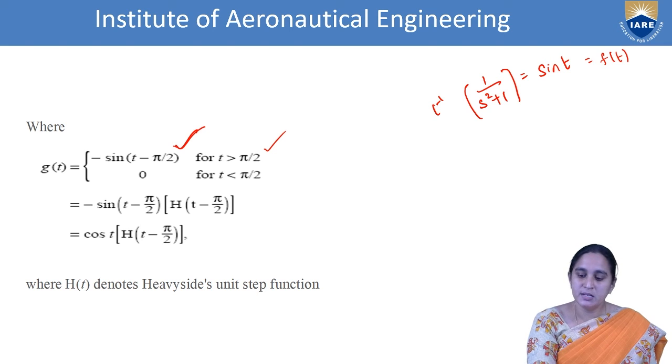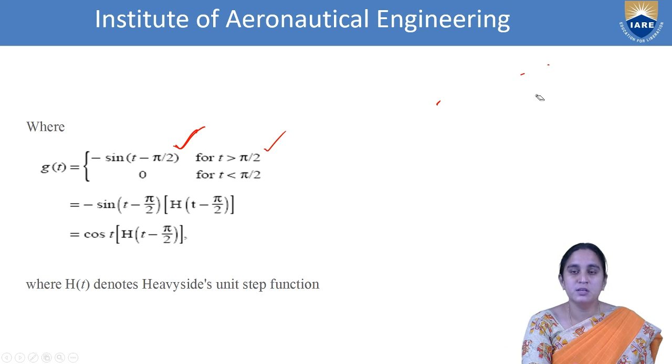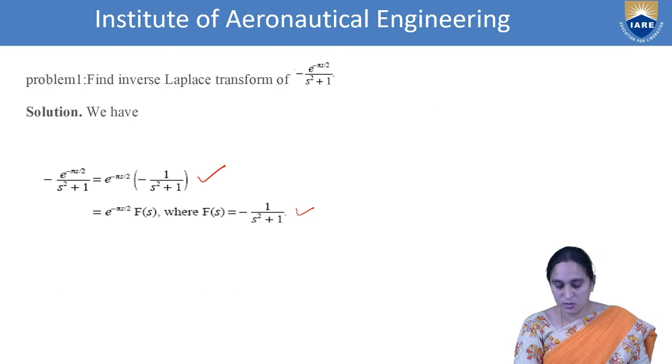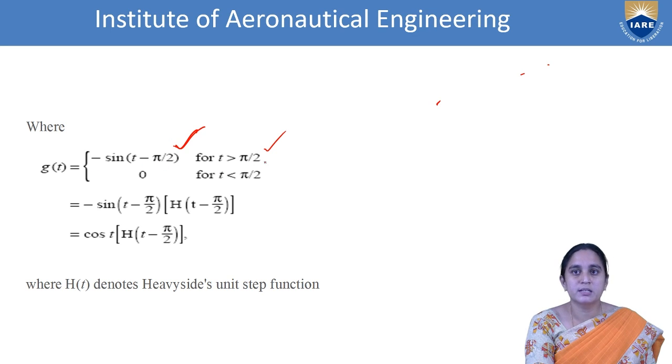That is minus of sin of t minus pi by 2 for t greater than pi by 2, 0 for t less than pi by 2. Here in the question only minus is there, that's why I'm writing minus of sin of t minus pi by 2 for t greater than pi by 2 and 0 for t less than pi by 2.